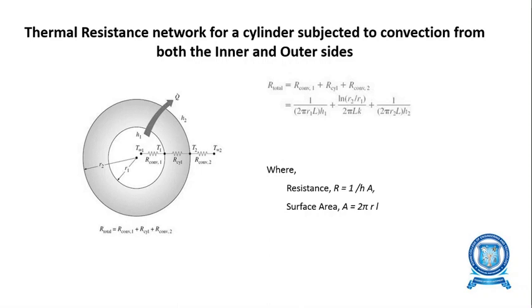Since the heat is taken by the atmospheric air, which is considered a fluid medium, convection heat transfer takes place. Therefore, the total resistance R total is equal to the initial convection resistance, plus in the middle the conduction resistance, plus at last at the outer surface a convection resistance.